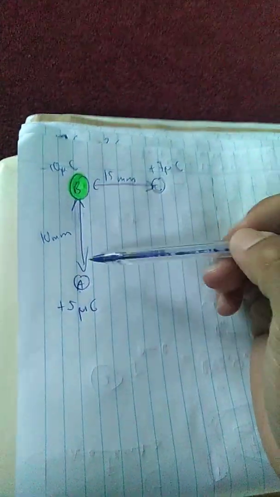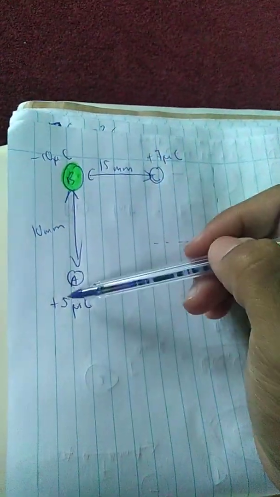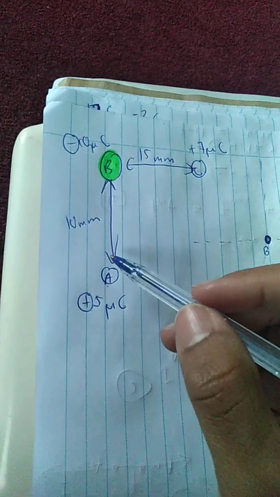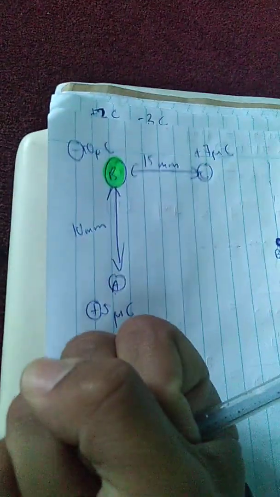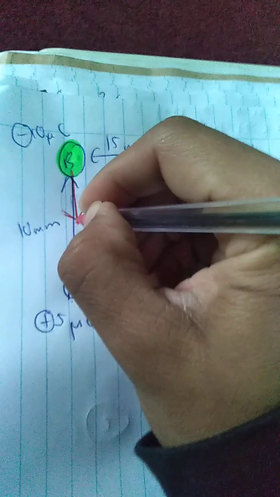So do you see that if you look at A and B now, the relationship between A and B: A is positive and B is negative. Unlike charges attract. So A attracts B. So B is going to want to go towards A, and A is going to want to go towards B. They love each other so much.